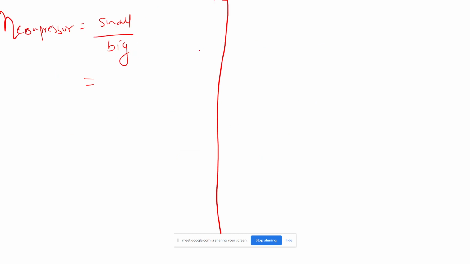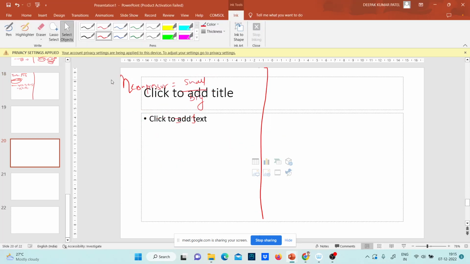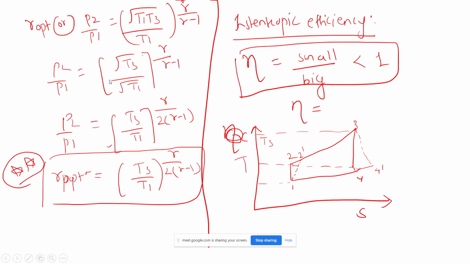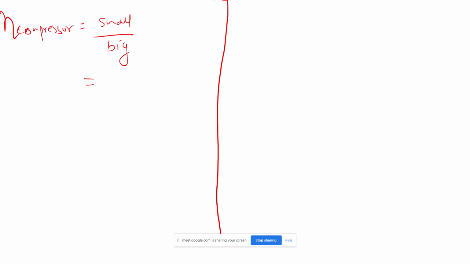So for compression case, it is the ideal, small upon big, I have said no. So here smaller one is which one? H2 minus H1, and bigger one is H2 dash minus H1. Therefore, we can write it as H2 minus H1 upon H2 dash minus H1.